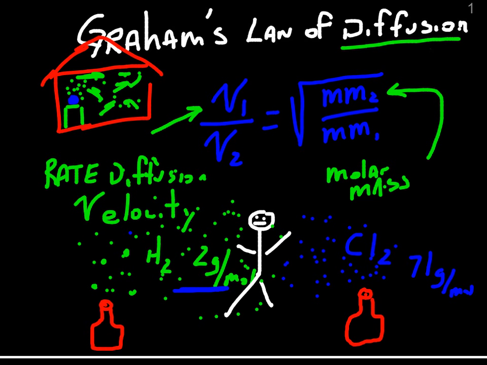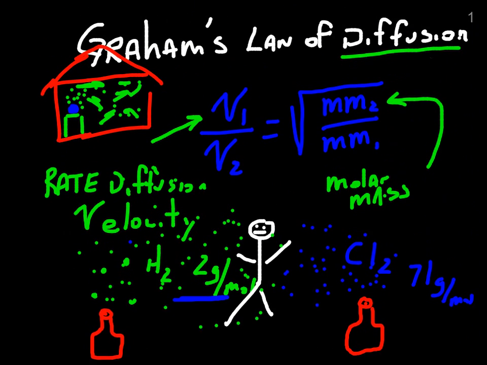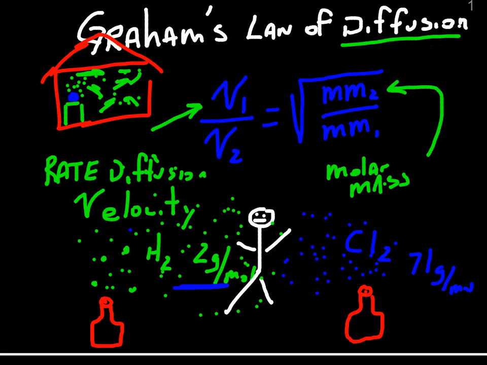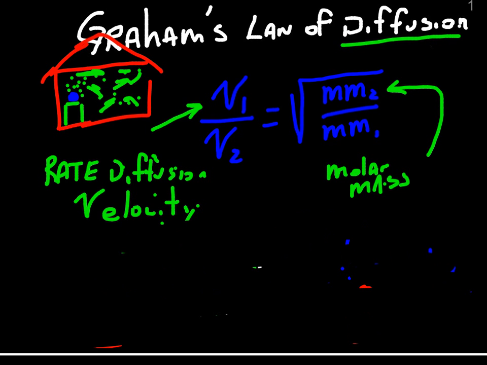So let me figure out the rate of diffusion between hydrogen and chlorine. Let's erase some of this. I'll define the rate of diffusion of hydrogen, H2, over the rate of diffusion of chlorine, Cl2.